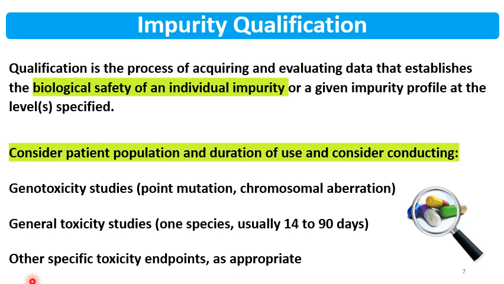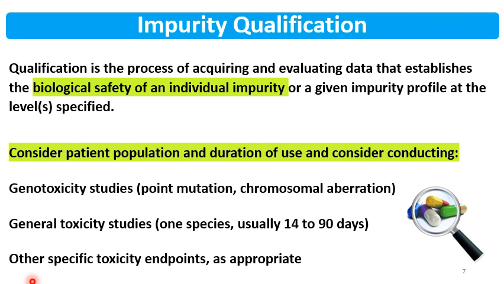That time the applicant has to prove the biological safety of the individual impurity. For example, if the impurity A is above the qualification threshold, the impurity A should be evaluated for biological safety. And if other impurities are also more, individually these impurities are required to be tested for biological safety.